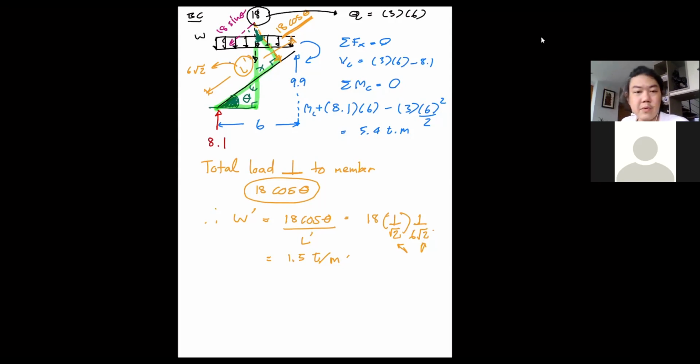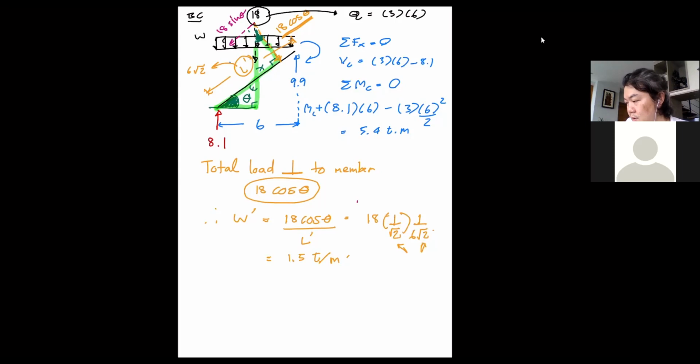So you can calculate the internal forces at joint C by simply using the equilibrium in typical XY direction. But in order to calculate the shear force and bending moment diagram properly on member BC, you need this.